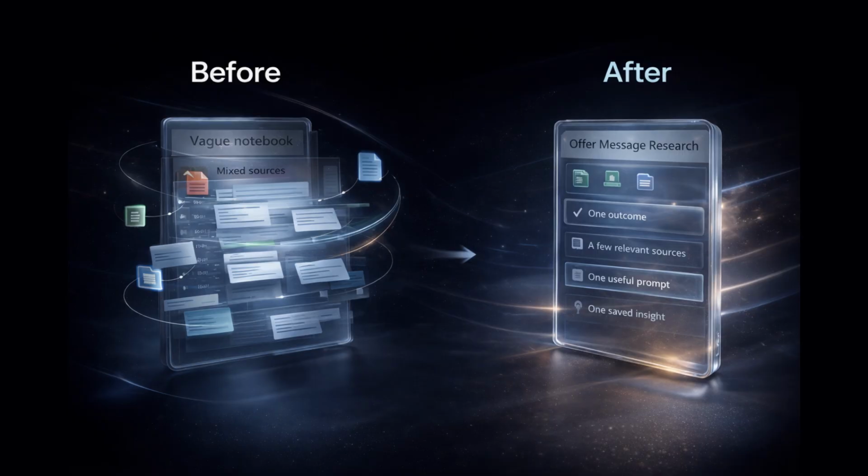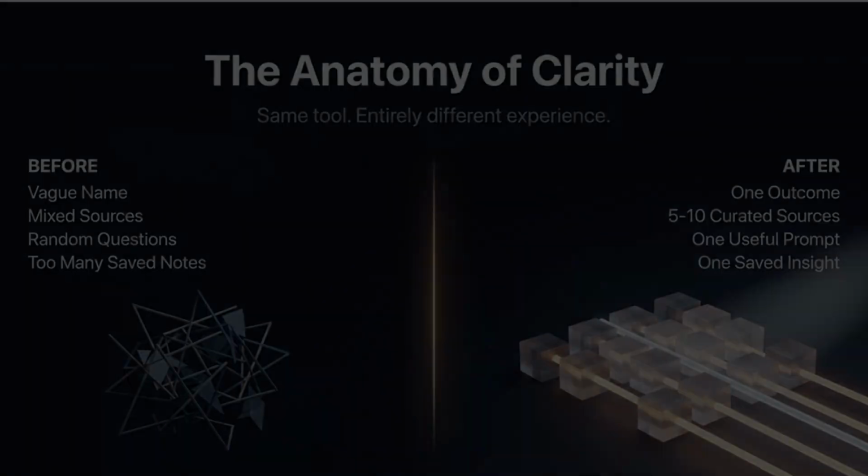Before, vague notebook name, mixed sources, random questions, too many saved notes, and no clear focus. Afterwards, one notebook, one outcome, a few relevant sources, one useful prompt, and one saved insight.